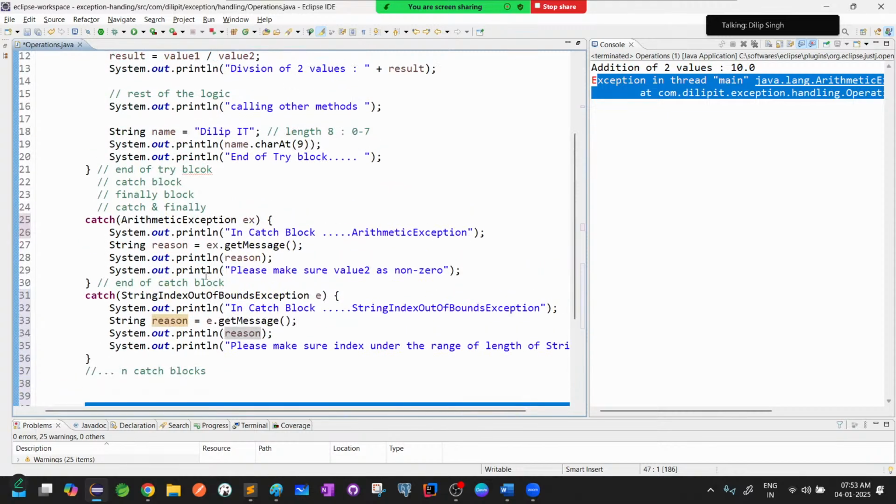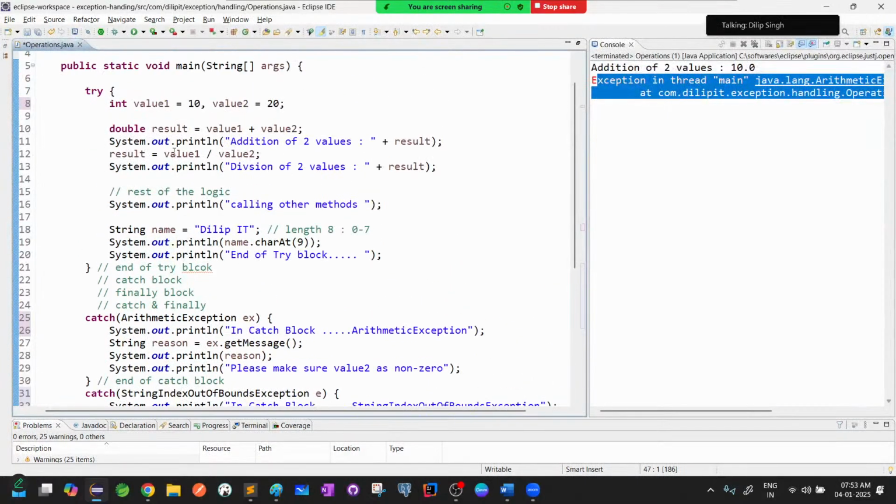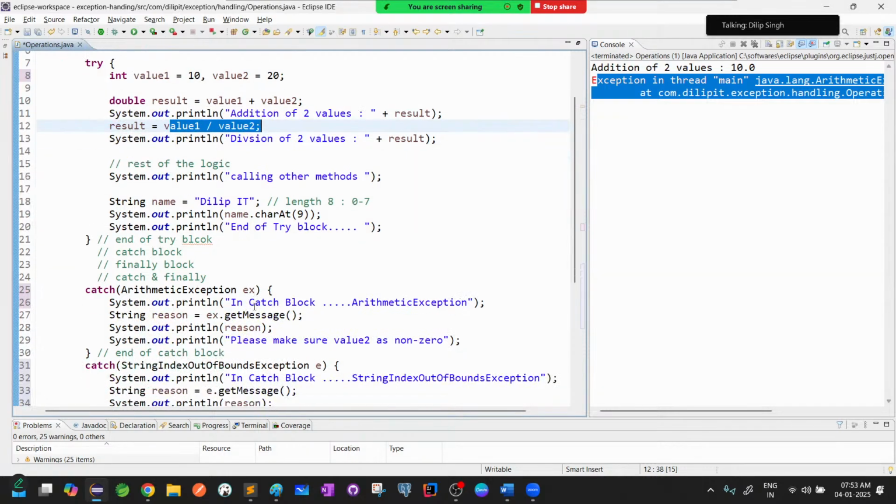But now see what will happen. You got an arithmetic exception here. Then the JVM jumps directly to the catch block section and checks whether a catch block is available for the arithmetic exception. Yes, available.